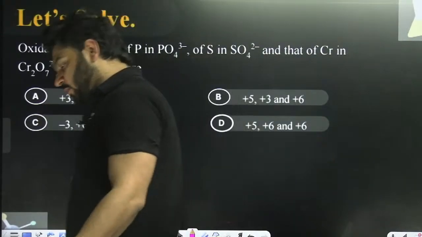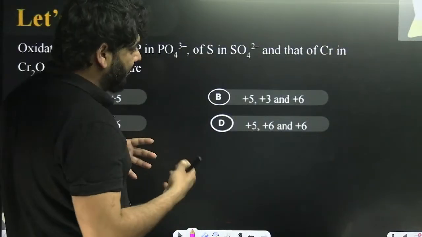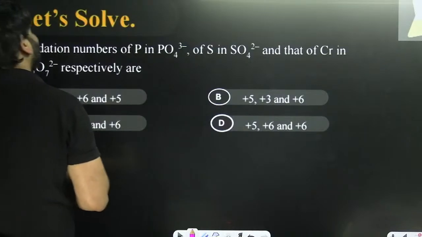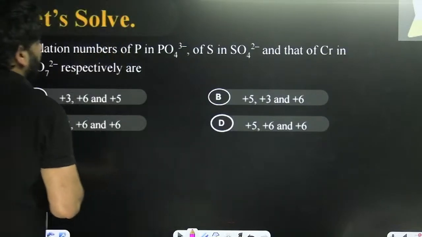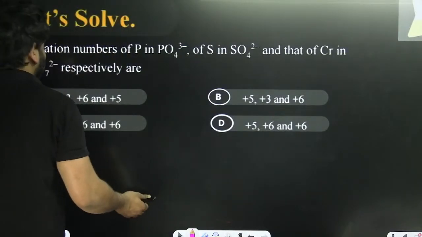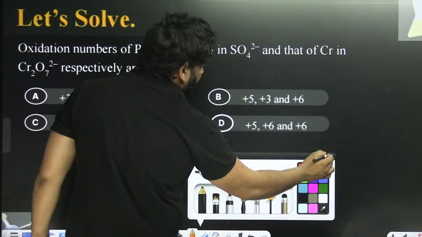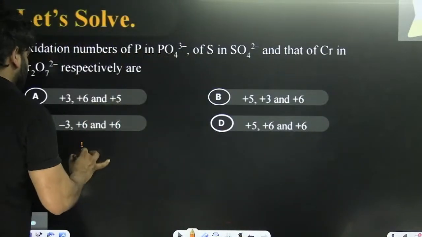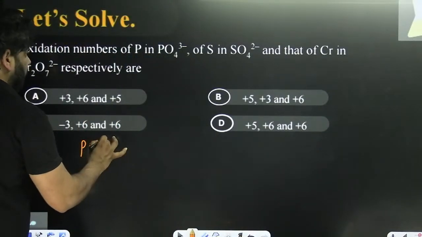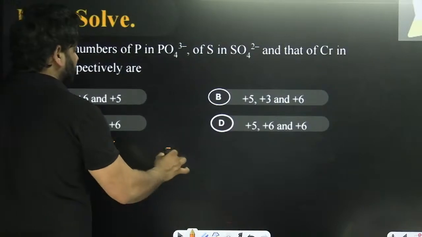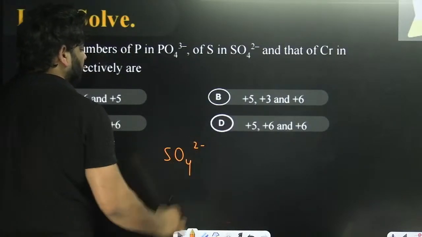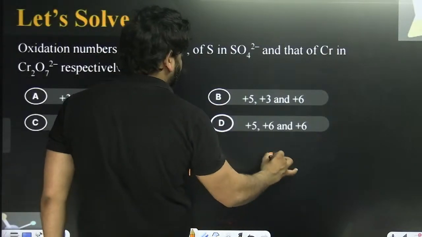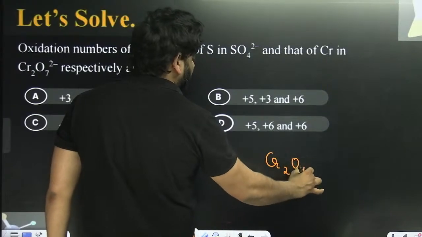So guys, the rest you can find directly by applying your concept, but sometimes you find some problems. Let us take this example. Let's say we have three different ions: phosphate PO4 3 minus, sulfate, and dichromate Cr2O7 2 minus.